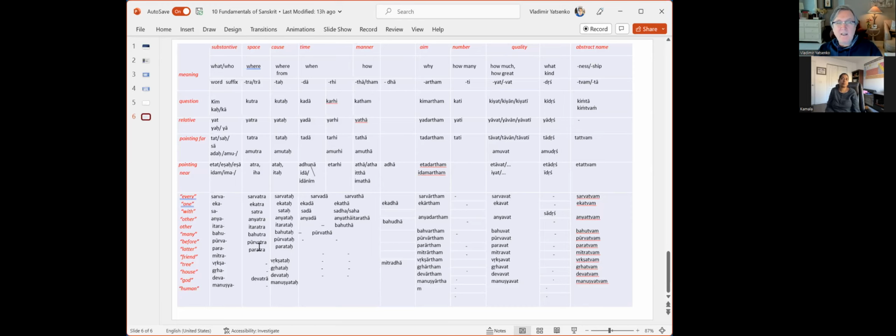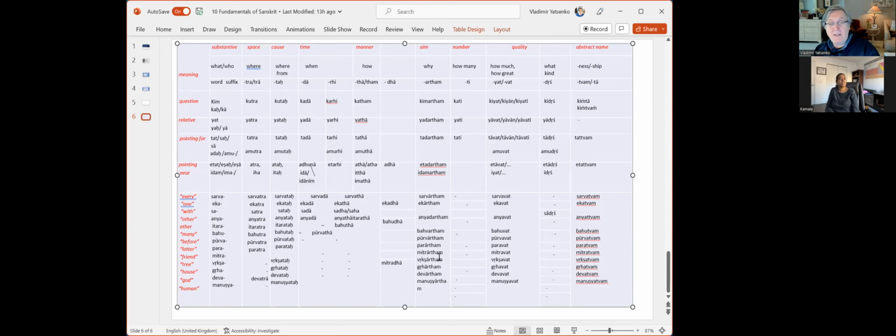So that has da suffix: kada, yada, tada. You know this: kada, when; yada, relative when; tada, then; ida, idanim, now, or adhuna, also another word. Sarvada, always. Ekada, once upon a time.